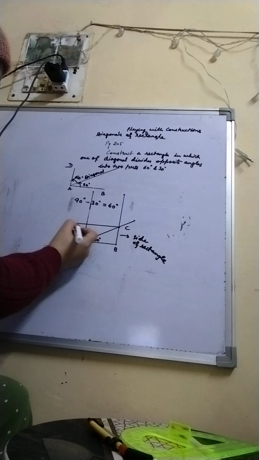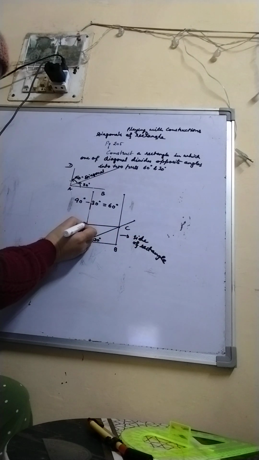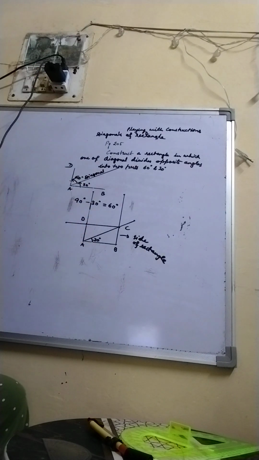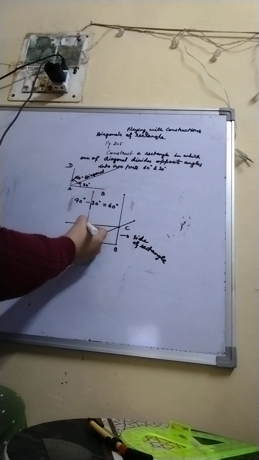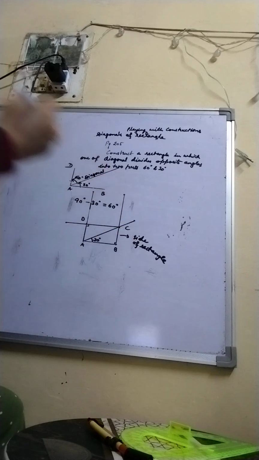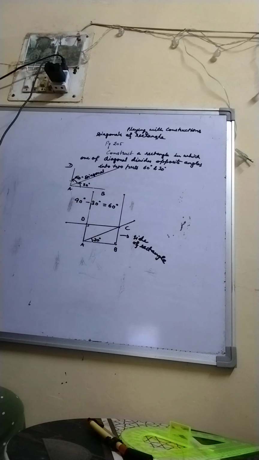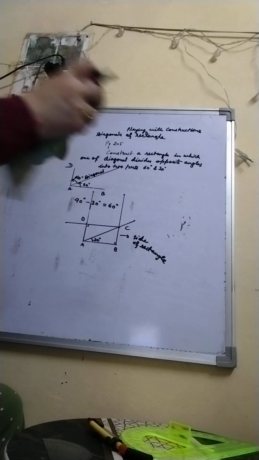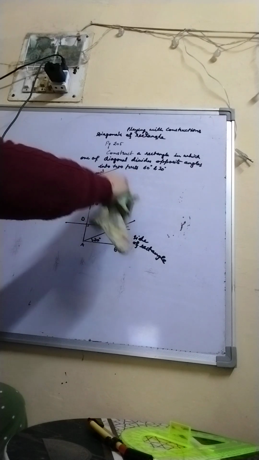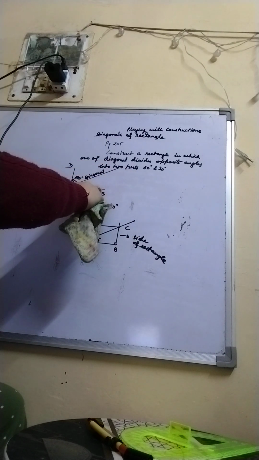By joining this line with this dot, you get the fourth vertex of the rectangle, that is D, and this would also be 90 degree. So in this way you get the rectangle. You may leave the lines as they are, or you may shorten or rub the lines which you got extra.